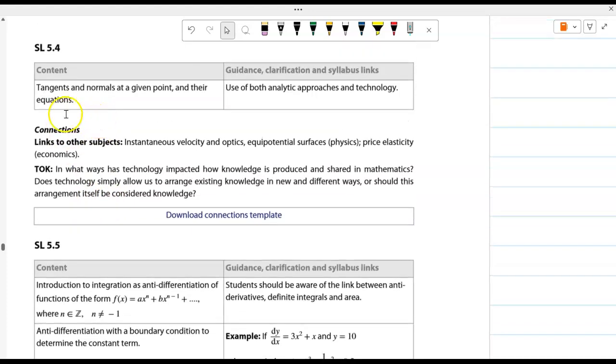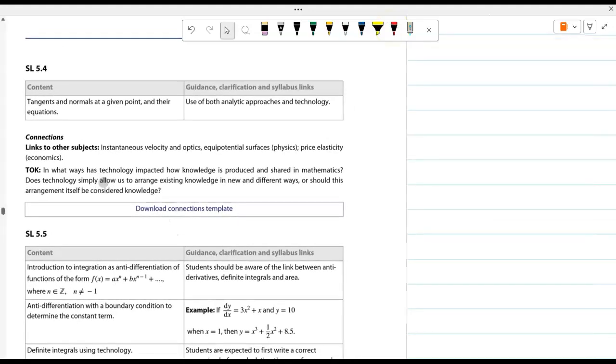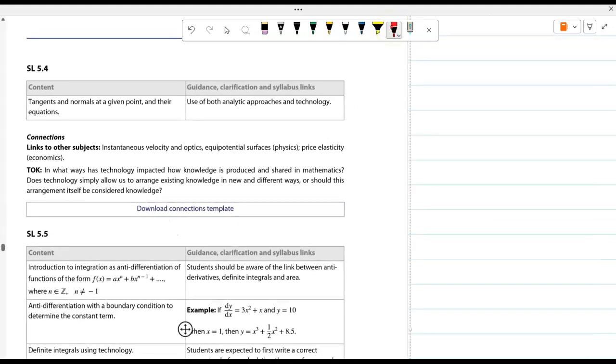Tangents and normals at a given point, and their equations. For finding the equation of the tangent, they'll give you a function and an x value, let's say a.